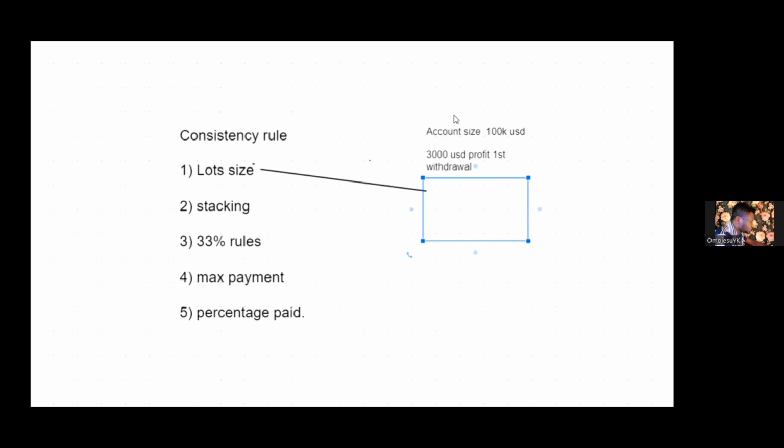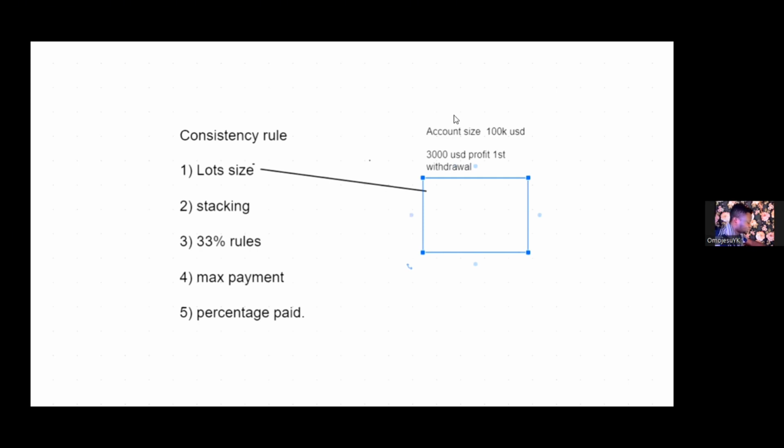For your minimum lot size, it will be 0.5 times 0.25. You can use your calculator with me, guys. 0.5 times 0.25 gives 0.125.